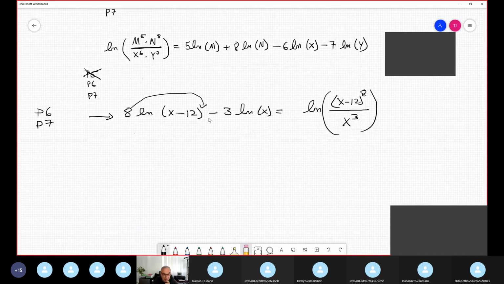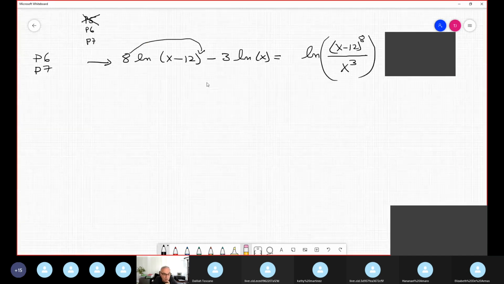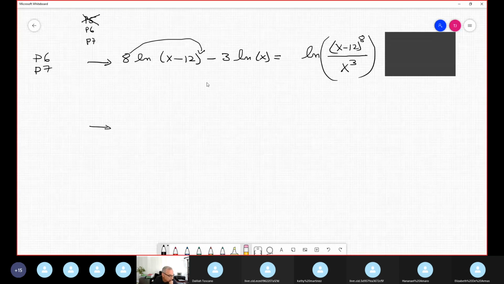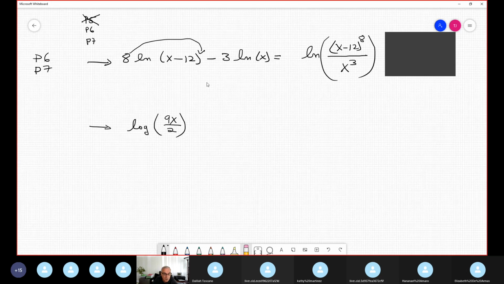Okay. Look, Sabrina, let's do another example. Suppose that you have log, and inside the parentheses you have 9x over 2. And again, we have to separate into several logarithms. So you expand this. The mathematical operation between 9 and x is multiplication, and divided by 2.